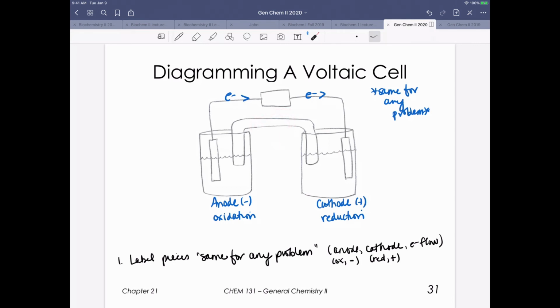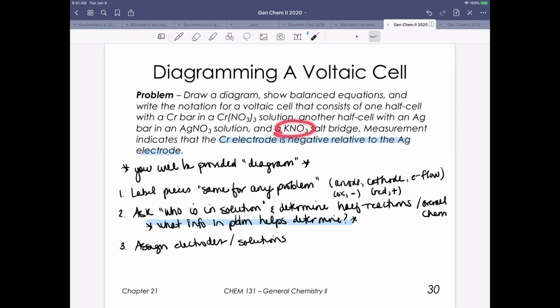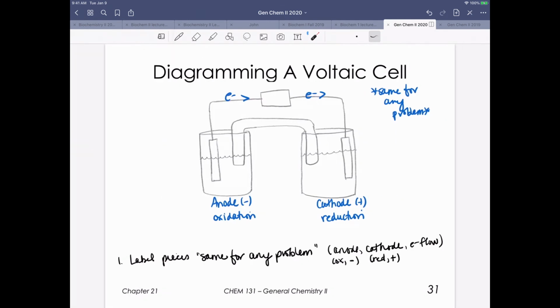They did tell us the identity of our salt bridge: a potassium nitrate salt bridge. So in that case we'd know that nitrate is going to flow this way and potassium is going to flow that way. There is one other thing we could add before we actually knew anything about the chemistry going on, but that gets us started here.